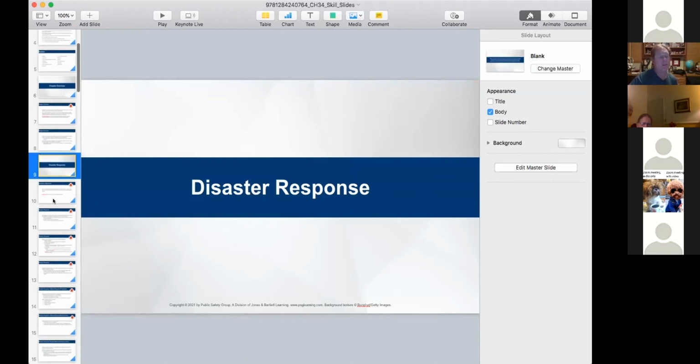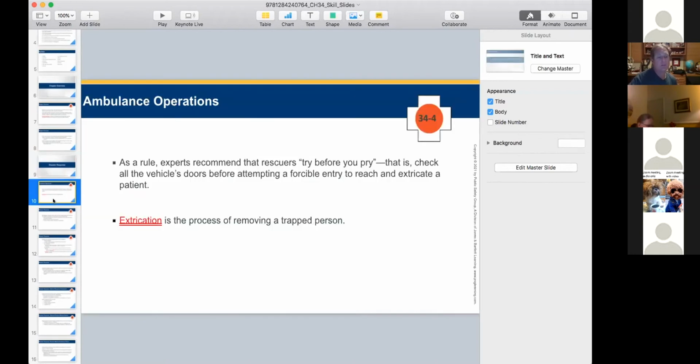Disaster response. Again, what's a disaster we worry about up on the hill? Avalanche. Extrication. When would we see an extrication? Anybody? Maybe during an avalanche.